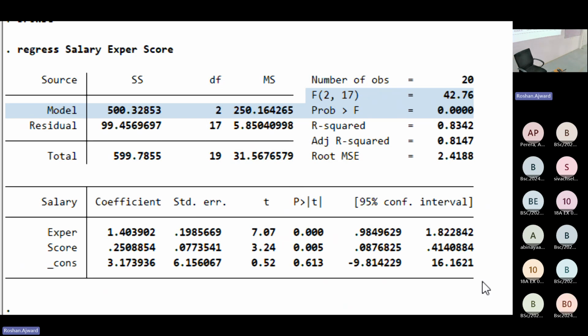So you can take a third topic. The first one was R square, the second one was the F test, and the third one you can say is the coefficient table. Under the coefficient table, you have to look at several things.